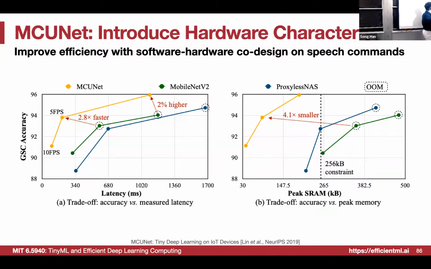On the right-hand side, this MCUNet can fit within the 256 kilobytes memory constraint, while being 4.1 times smaller compared with the MCUNet v2 based model. So it's showing it's possible to apply this software and system algorithm and system co-design on the Google speech command data set. It includes lots of different commands to recognize.